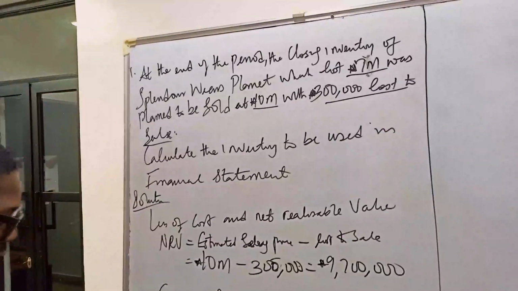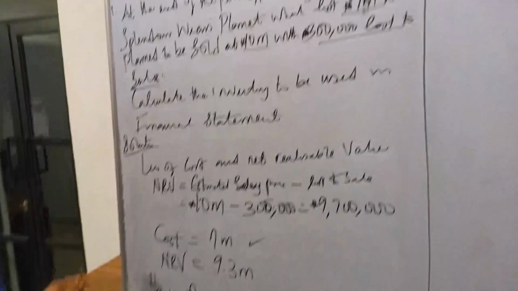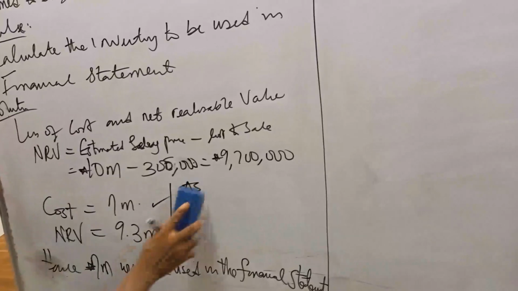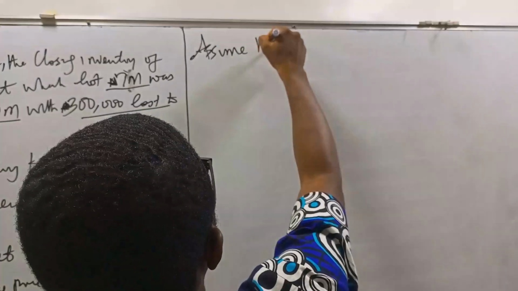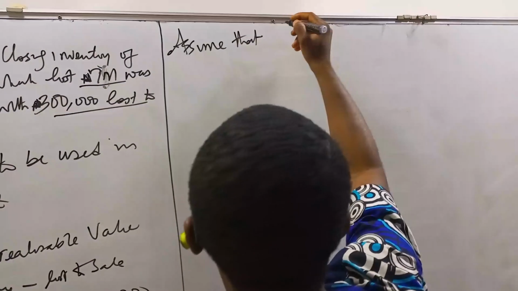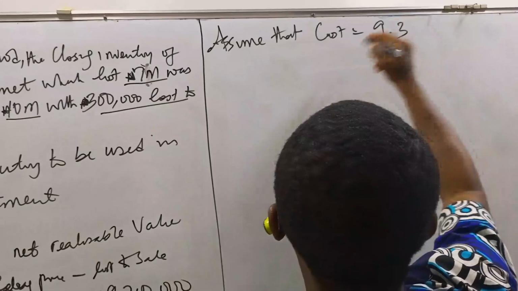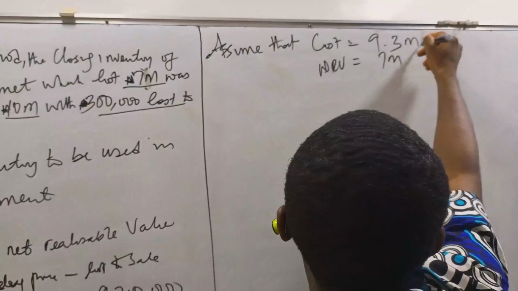Now let's have the flip side. In a situation where, assume that the cost is 9.3 million while NRV is 7 million.